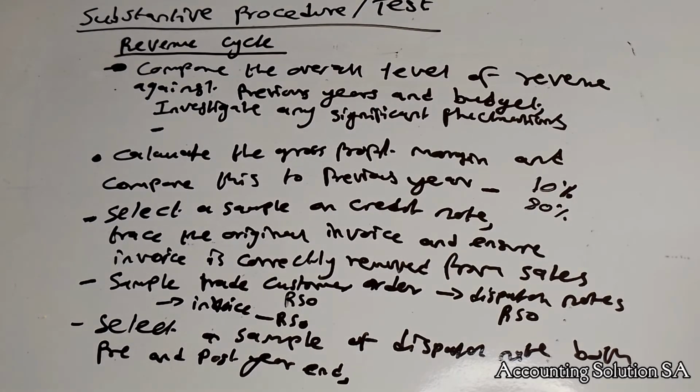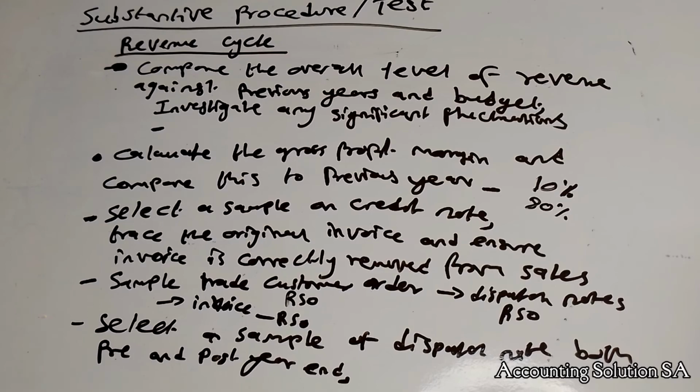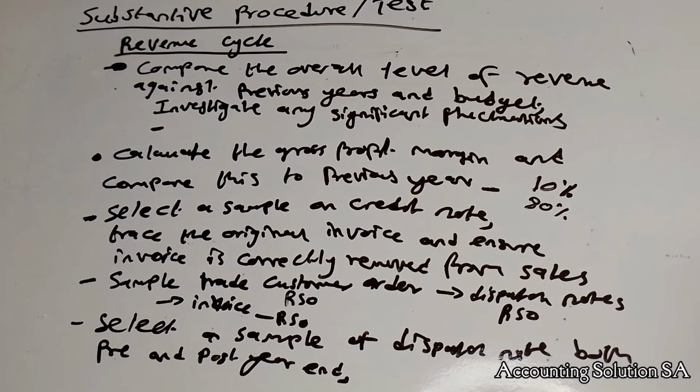So that's what you have to do, guys, when you perform a substantive procedure. You need to check all those documents. Whatever the topic that you will be asked about in substantive procedure, what you need to do is to create a point which is linked with what? With the documents that are related to that part that you are doing.